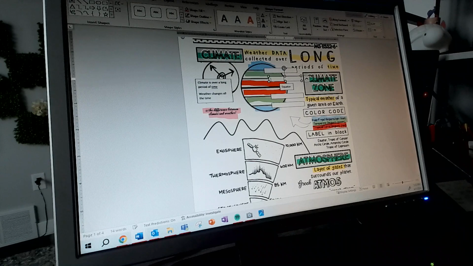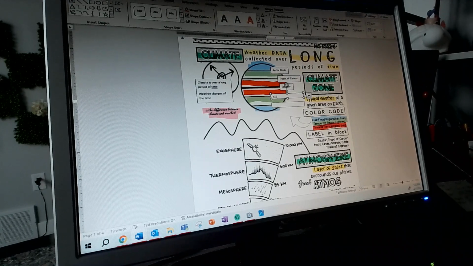So, this is our Tropic of Cancer. Okay, this is our Arctic Circle. Okay, I'm just editing it a little bit so it fits a little bit better, and hopefully it still makes sense to y'all when you're watching this.